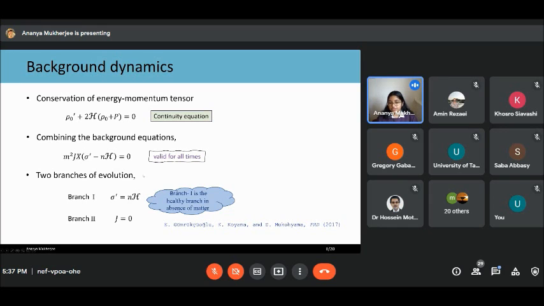Looking into this equation, we can find two branches of solution. In one of the analyses, it is shown that branch one is more interesting for cosmological observation. This is the plot we made for the Hubble parameter in branch 1 and compared with lambda CDM.